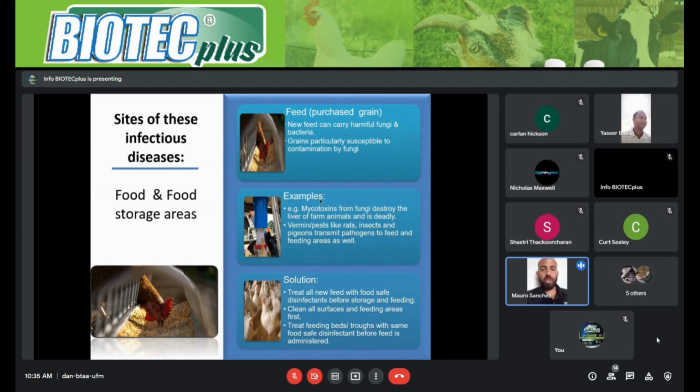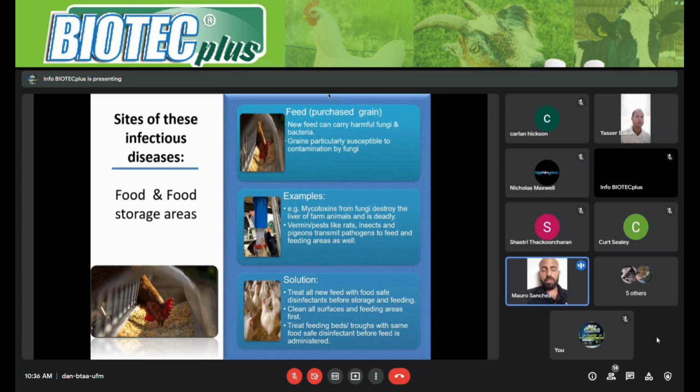And I just want to touch a little bit on this because I think it's really important that we all understand what areas are risk areas, areas with high risk of getting these infectious diseases. And one of these areas that we like to put a lot of attention to is the food and the food storage area.